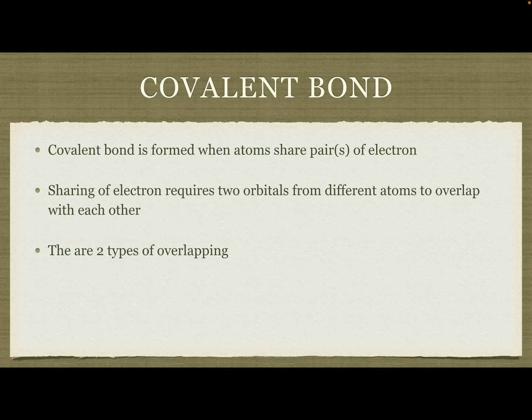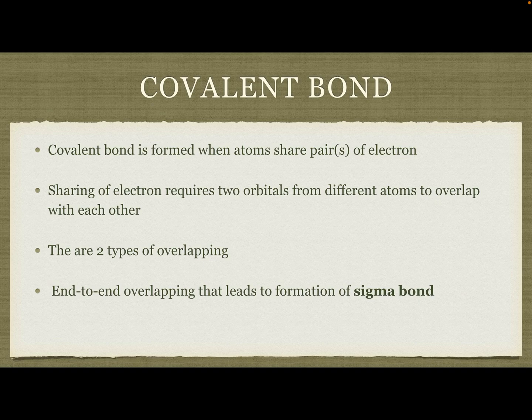Okay, there are two types of overlapping. Okay, ada dua cara overlapping ni boleh berlaku, pertindihan ni boleh berlaku. Okay, the first type is end-to-end overlapping. Pertindihan hujung ke hujung. Pertindihan hujung ke hujung ni, later I'm going to show you how, leads to formation of sigma bond.